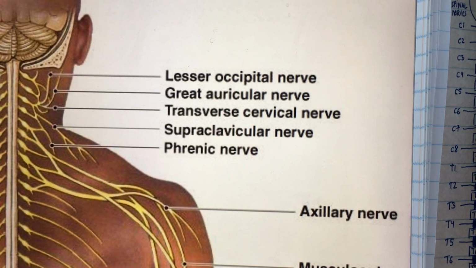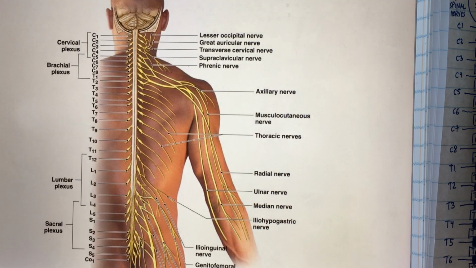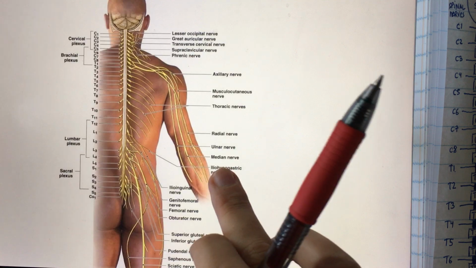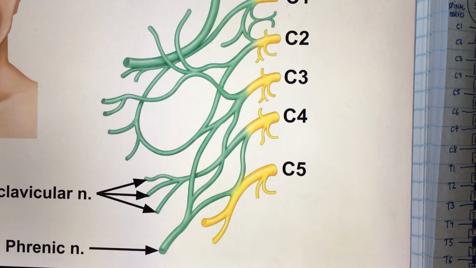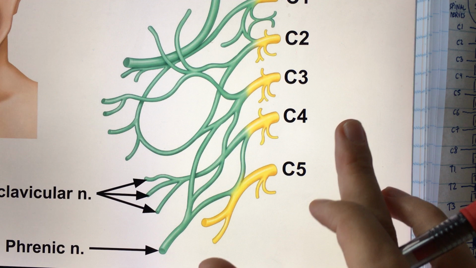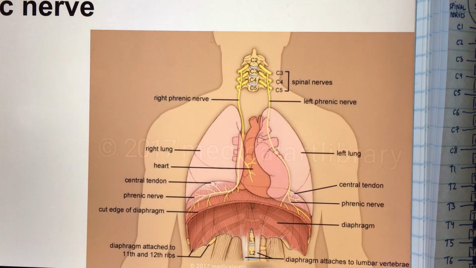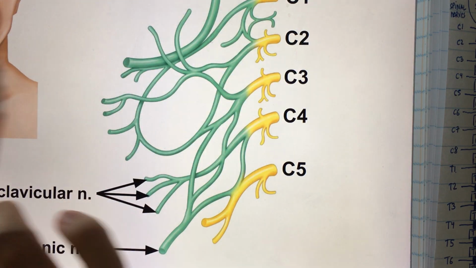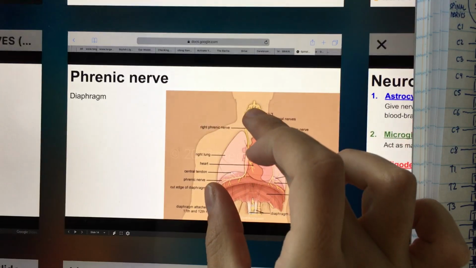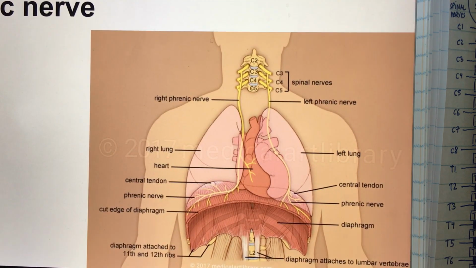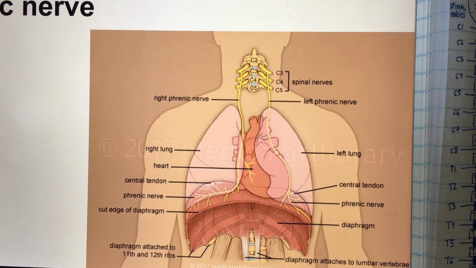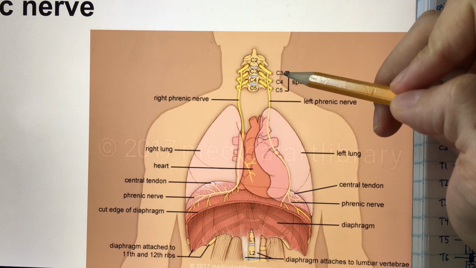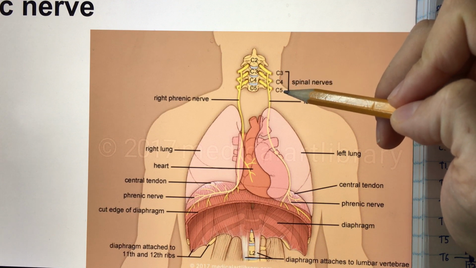Okay, and in the following slides I have the explanations of some of these nerves. This is the cervical plexus. And this is the diagram of the phrenic nerve. Phrenic nerve is one of the nerves originating from the cervical plexus, specifically nerves C3, C4, and C5.